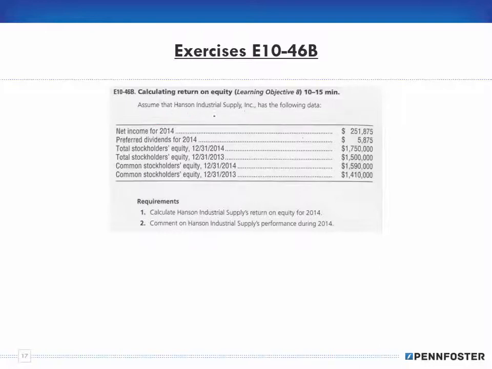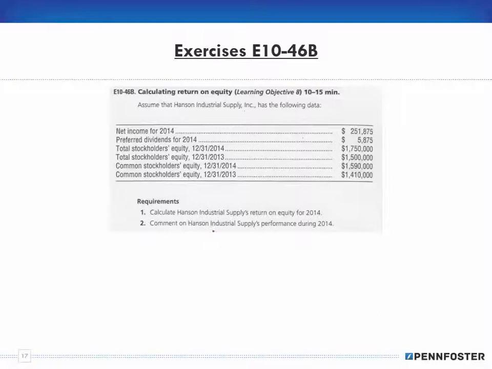All right, so assume that Hansen Industrial has the following data. They have net income, preferred dividends, stockholders' equity for 2014 and 2013, and common stock equity for 2013 and 2014. It says here, calculate the return on equity for 2014.